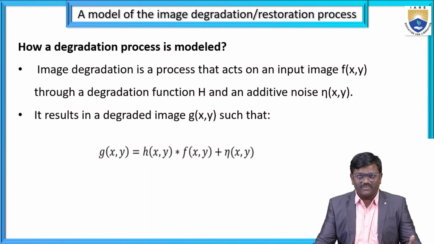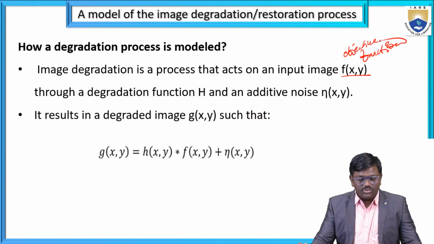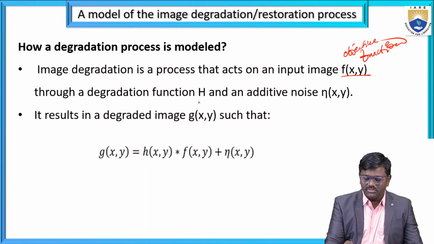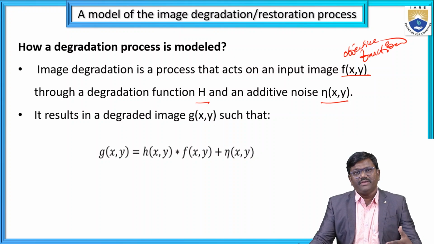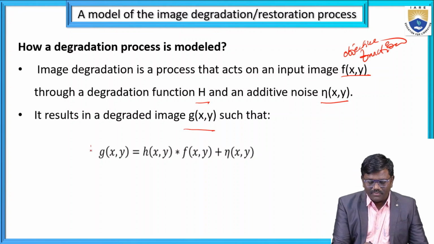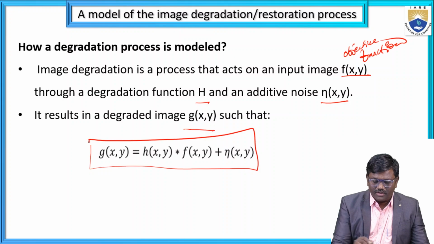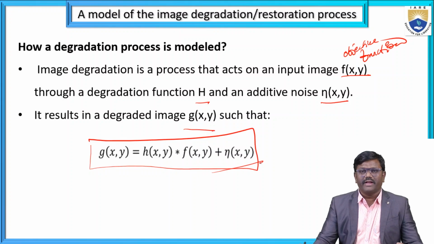Image degradation is a process that acts on an input image f of x comma y through a degradation function h and an additive noise eta of x comma y, resulting in a degraded image g of x comma y, such that g of x comma y is equal to h of x comma y star f of x comma y plus eta of x comma y, the additive noise.